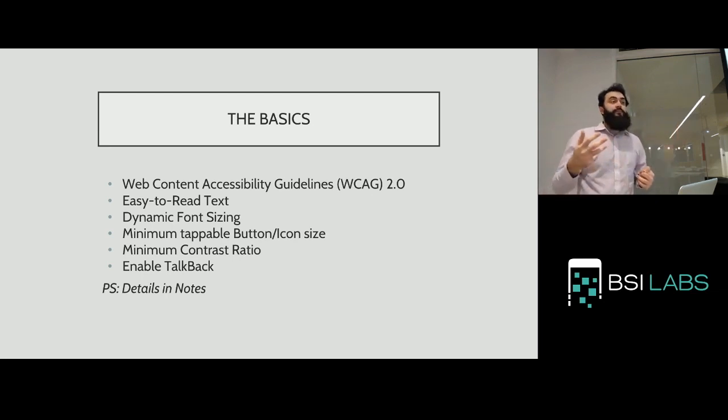Third thing, dynamic font sizing. For people who have weaker eyesight, generally they will increase the size of the font on their phones. And a lot of times we don't develop apps so that when you increase the size, all the fonts in the app also increase in size.